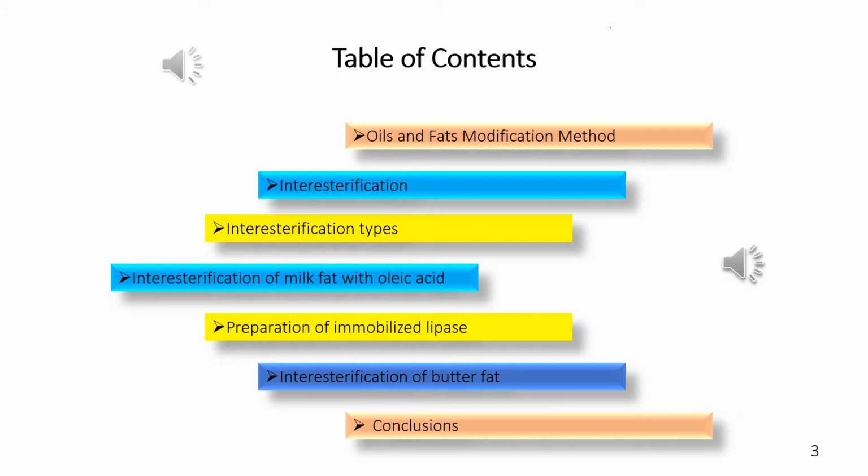So in the process of interesterification, we modify the oil and fats. Now how can we modify the oil and fats? We modify the structures and functionalities of oil and fats by providing the food ingredients and nutritional values to the oil and fats. After providing the nutritional values, the oil and fats attain their required nutritional values.